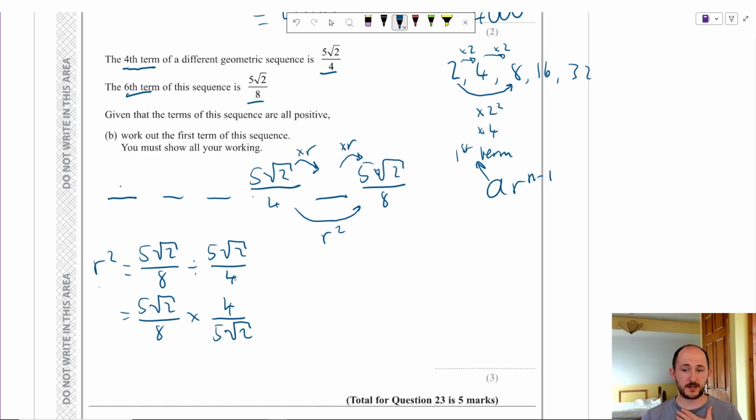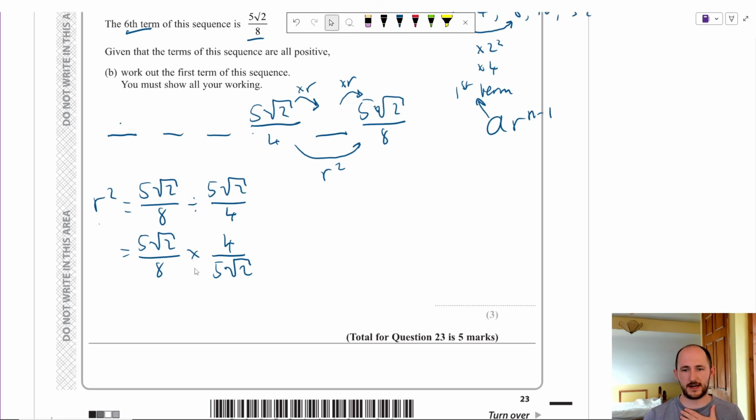Now, I personally really like cross-cancelling, so I can see that I can cross-cancel 5, I can cross-cancel root 2, and I could cancel this out to make that 1 and 2. So in other words, R squared is just a half.